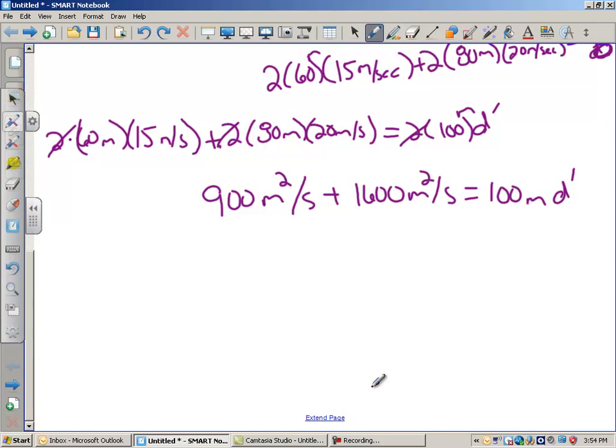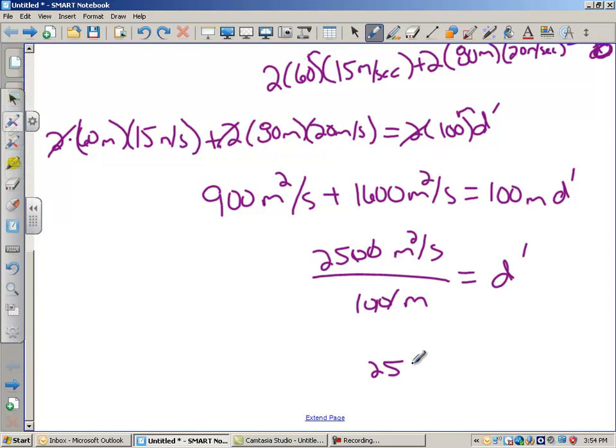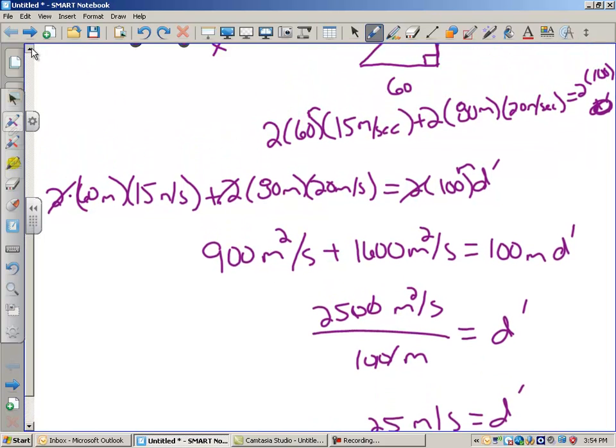Extend my page. So I get 2500 square meters per second divided by 100 meters gives me my rate of change of my distance. Knock off 2 zeros. 25 meters per second is how that distance is changing between the truck and the van.